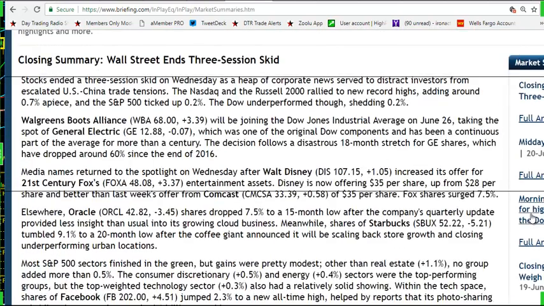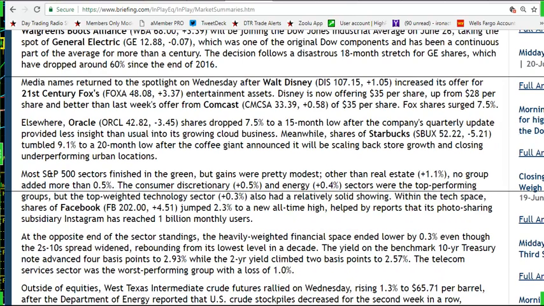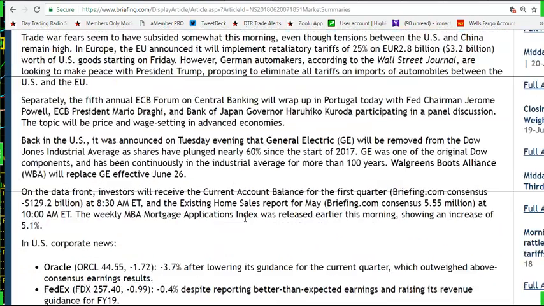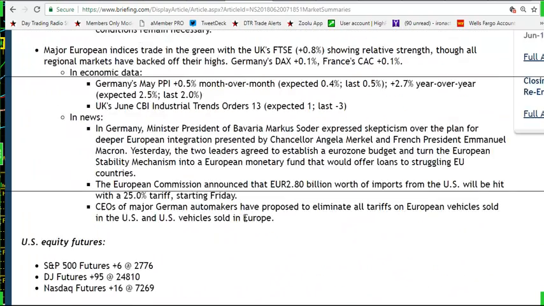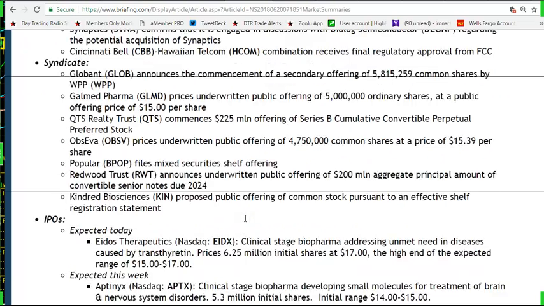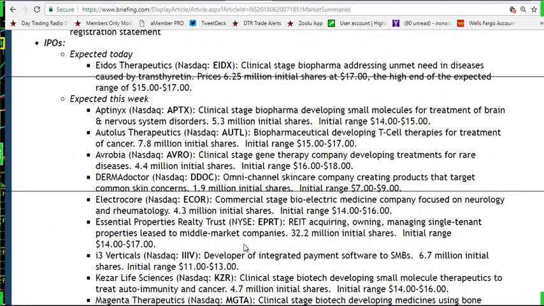In the beginning of the morning, you get a market summary, called the morning briefing. You can open that up, and it will go right to things that are happening for the day. I usually just scroll, and eventually you'll get down to an area which says general news, M&A activity, IPOs expected today, and what's expected this week. So that's another good source.